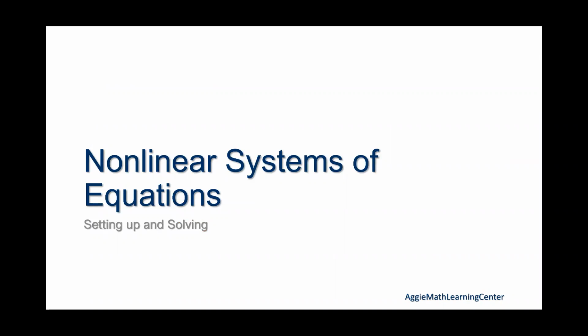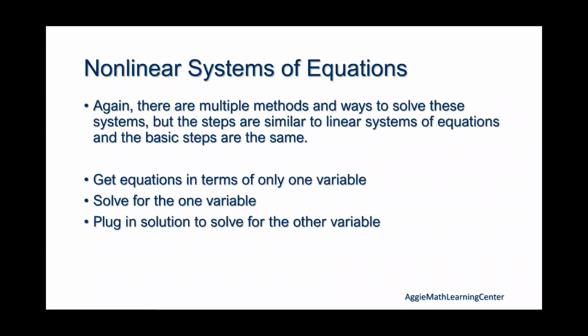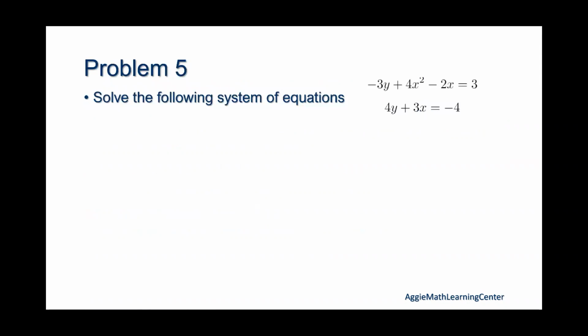Okay, so now I have nonlinear systems of equations. Once again, there are multiple ways you can solve it, but we're basically going to be doing the same thing. With nonlinear systems of equations, you get a choice.